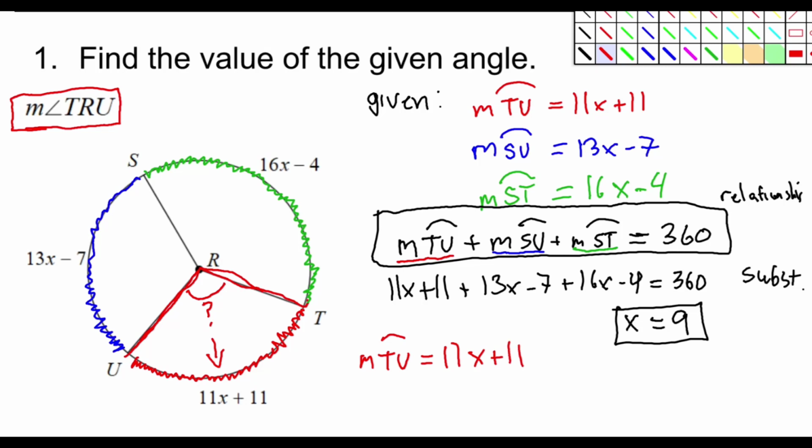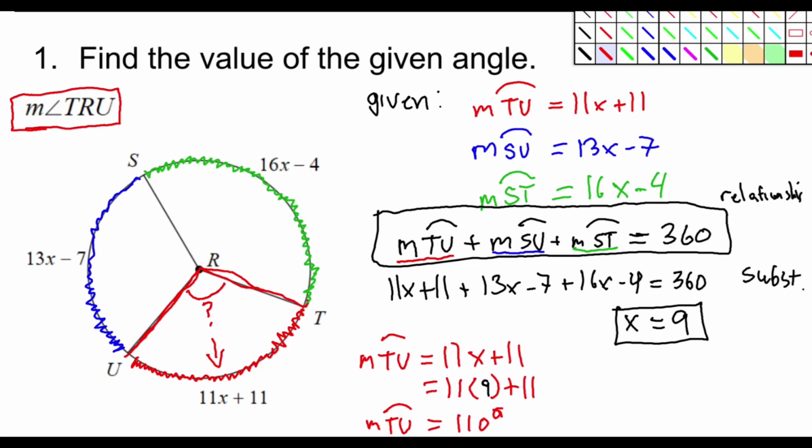And I'll do a little substitution. So this is equal to 11 times 9, and then we'll just figure out what this value is. So the measure of arc TU is equal to 110 degrees.